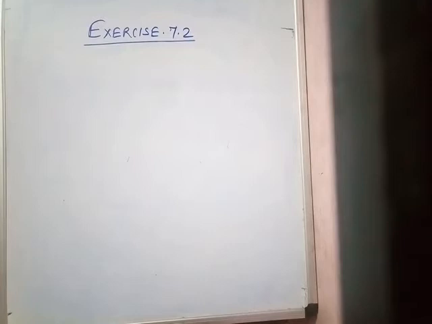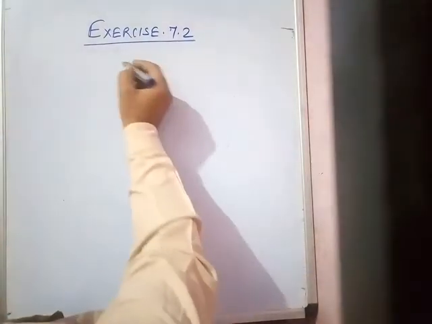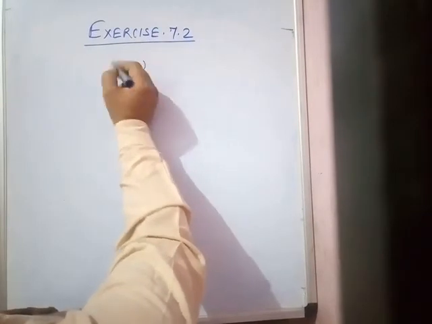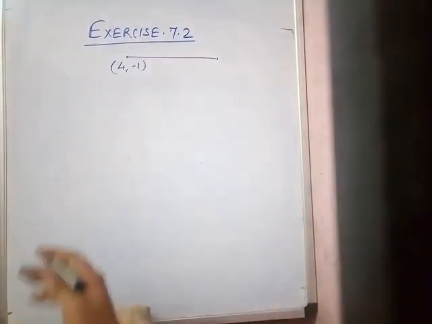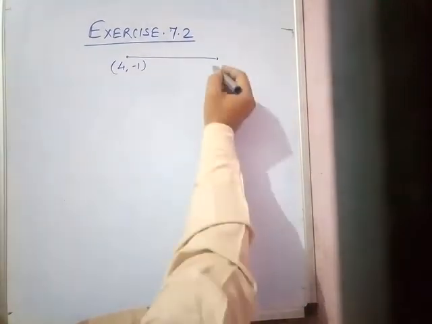Now question number 2 is: find the coordinates of the points of trisection of the line segment joining 4 comma minus 1 and the other point, given as minus 2 comma minus 3.